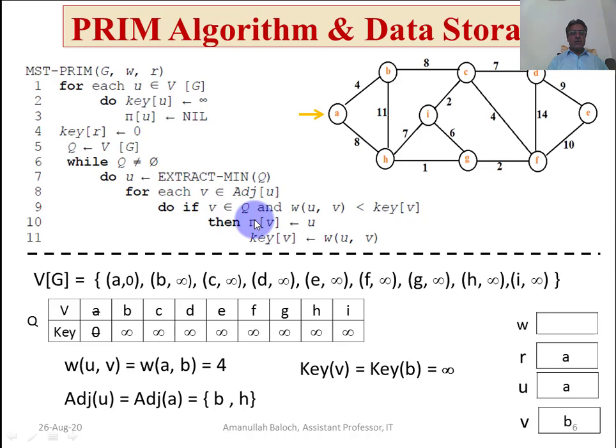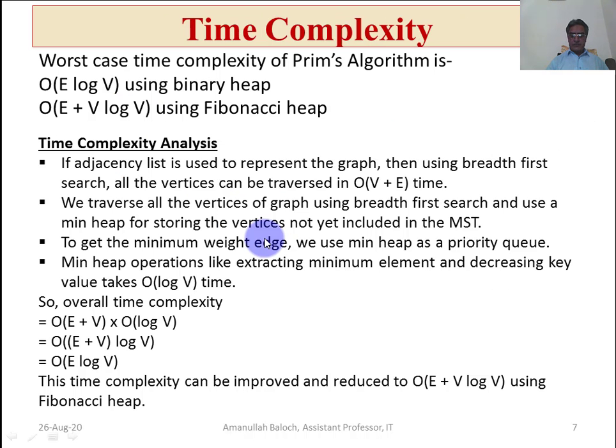The whole condition is true. Parent of B is equal to A. A is made the parent of B, and key of B is equal to W of UV. Now the key of B has been changed, and the W of UV, that is 4, is assigned as the key value of B. You may see it here.